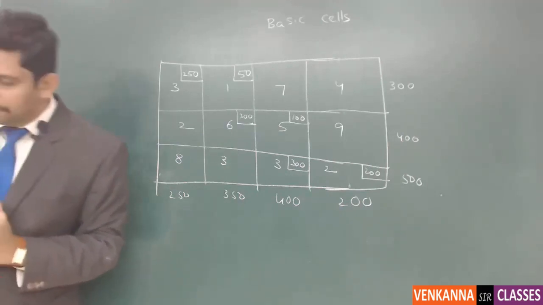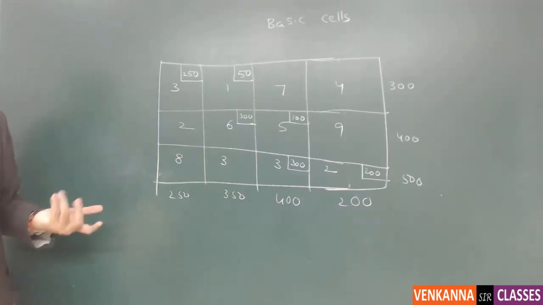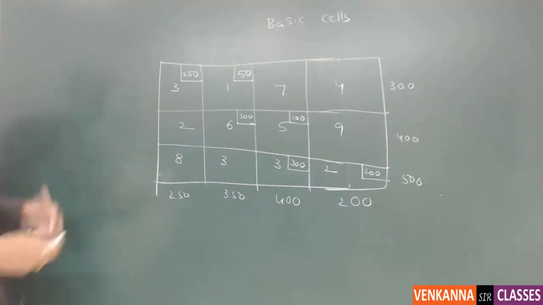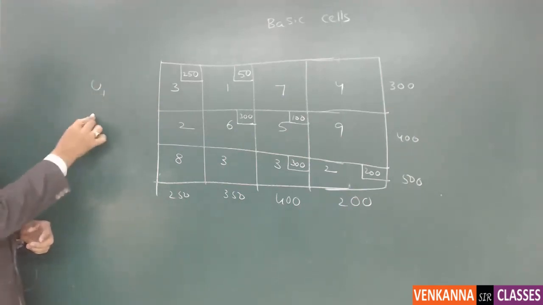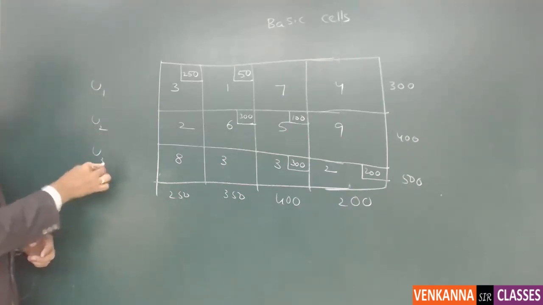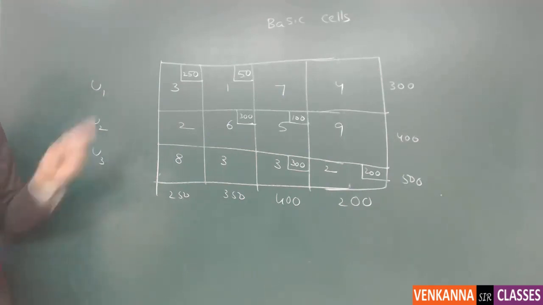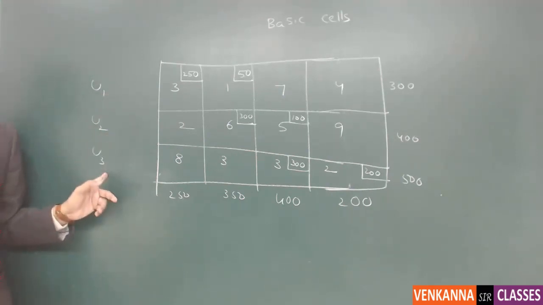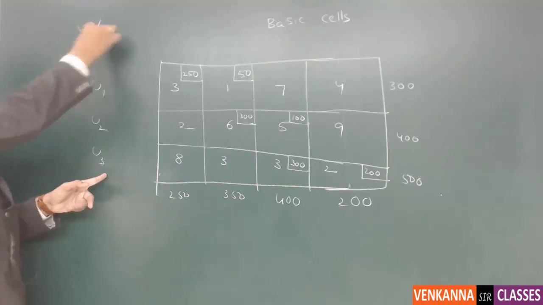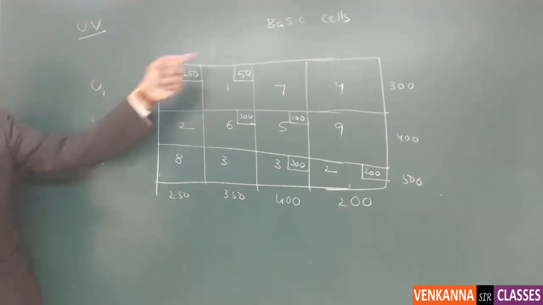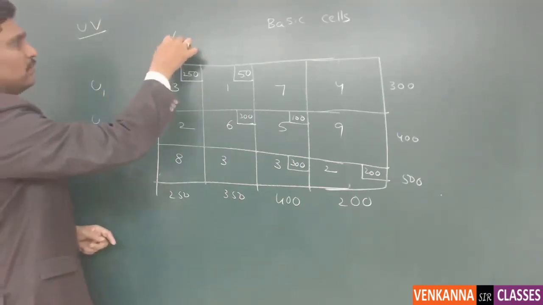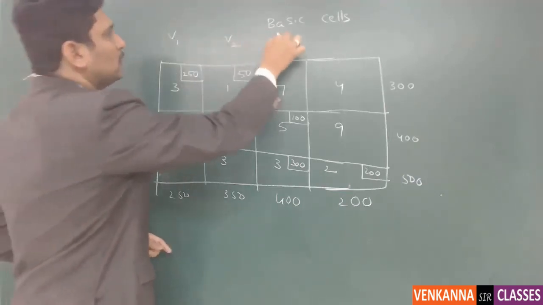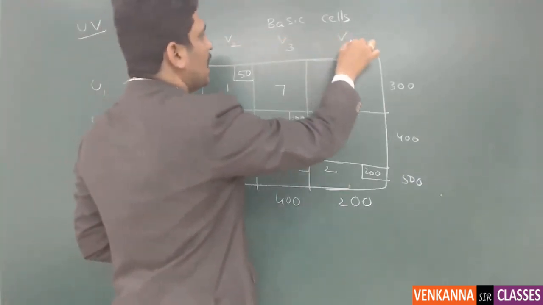How are we doing this? We will indicate symbols for these rows. Let us write U1, U2, U3 for the first, second and third rows, because we are calling it the UV method. And for the columns you will write V1, V2, V3 and V4.